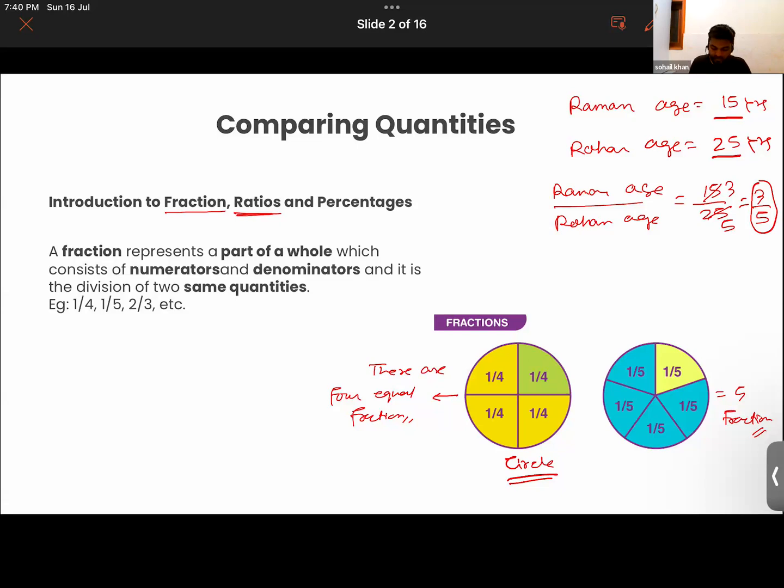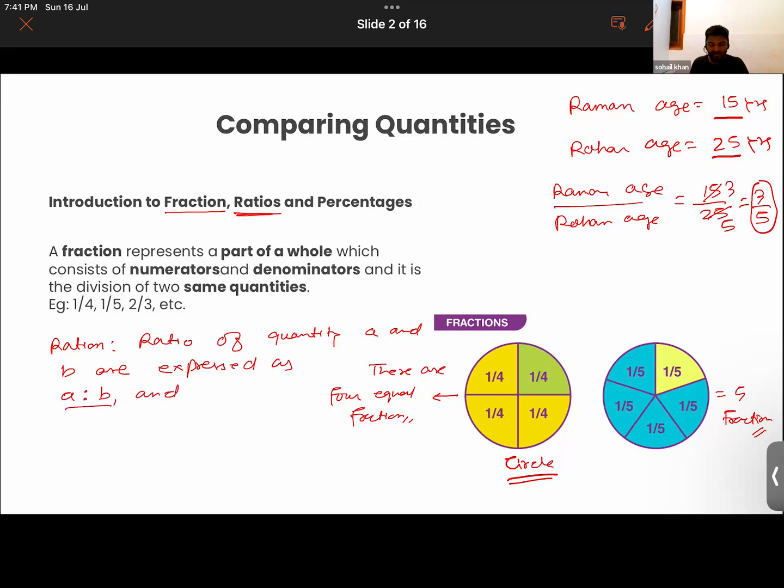So talking about ratio, what is ratio? The ratio of quantity A and B is expressed as A is to B. They are expressed like this and read as A is to B. All right, got it.